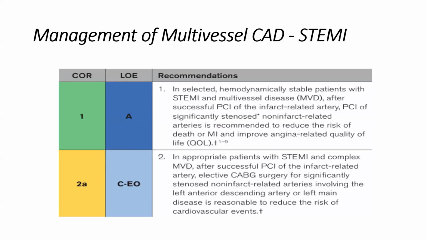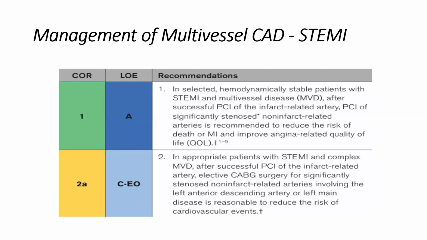That means if you have diagnosed one patient with STEMI and in angiography we have learned that it has multivessel disease which has also involved the left main, then we should do immediate PCI of the infarct-related artery, and for the left main and LAD we should go for CABG. I hope it's clear, right?